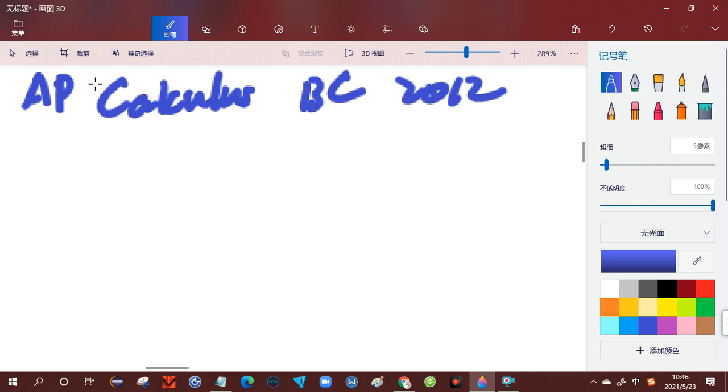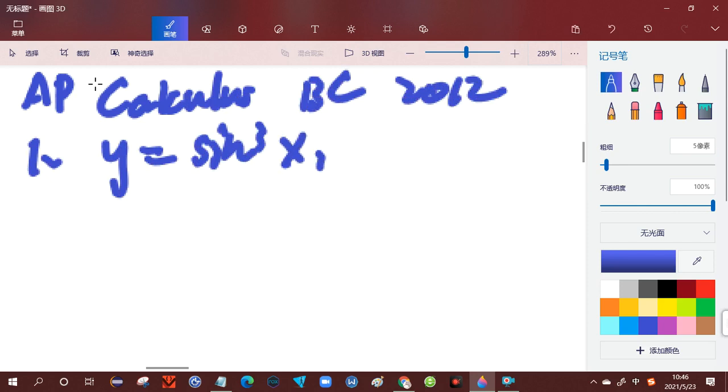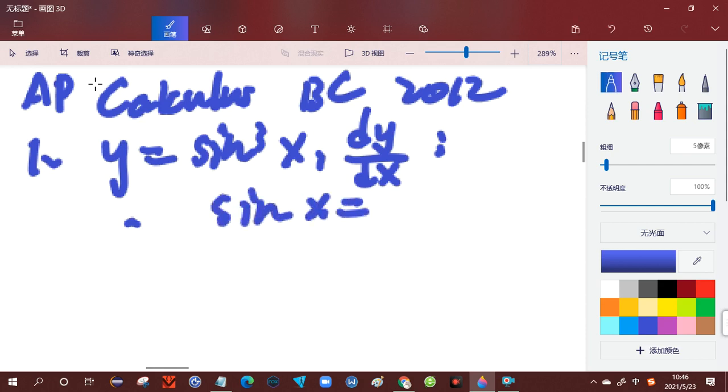The first problem is: given y equals sine cubed x, we are required to find dy over dx. To find the derivative of this, we can set sine x as u.